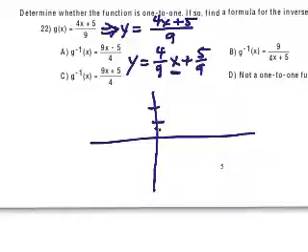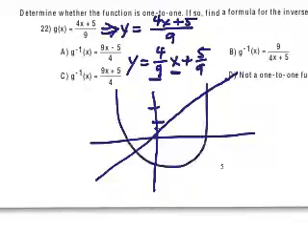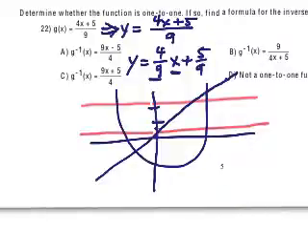So we go up 4, 1, 2, 3, 4, somewhere up here, and then over 9. I don't know, way over to here. So it's like a straight line, and a straight line is 1-to-1. The things that aren't 1-to-1 are like quadratic equations, because they don't pass the horizontal line test.